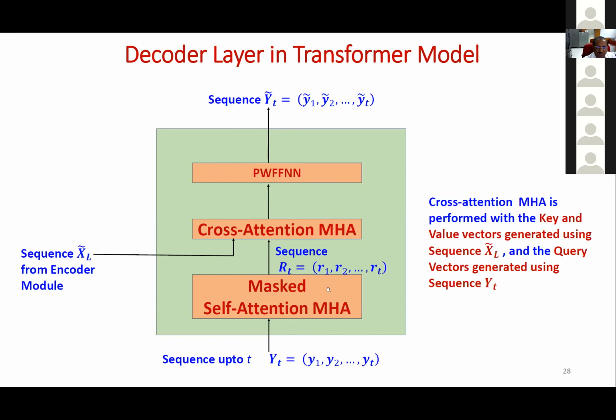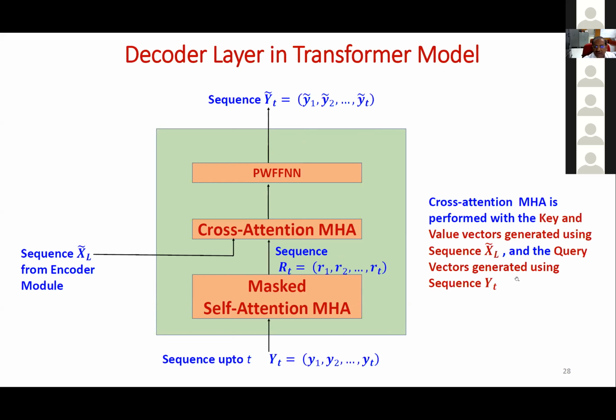So first, what we do in the decoder module is perform this self-attention on the elements of the target language sentence. During the training process, we know this. We have this sequence of words in the target language sentence. So we can perform this conventional self-attention, multi-head attention. Then we get a representation of that. And now we use this representation of the target language sentence as the query vectors. That's what is indicated here.